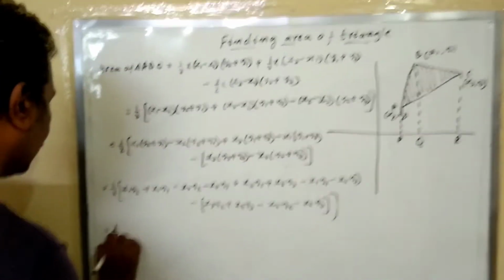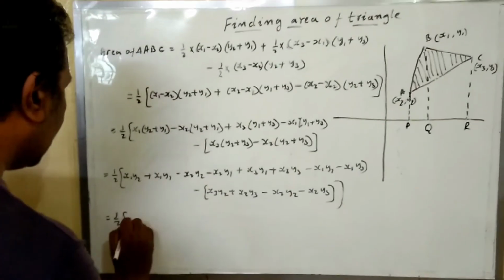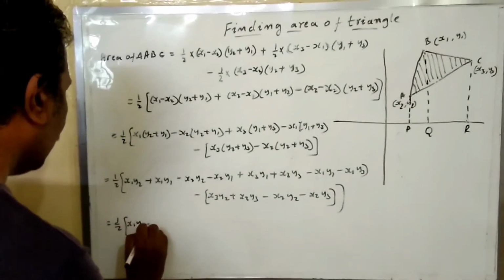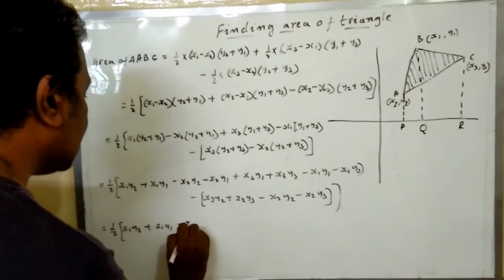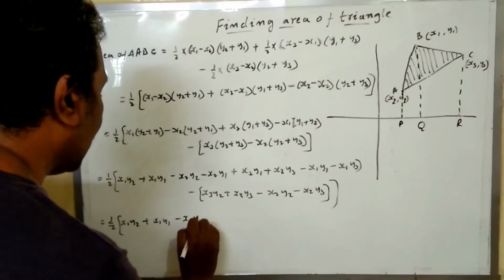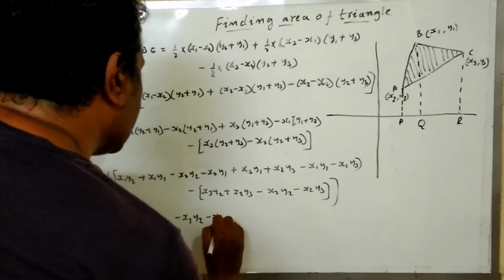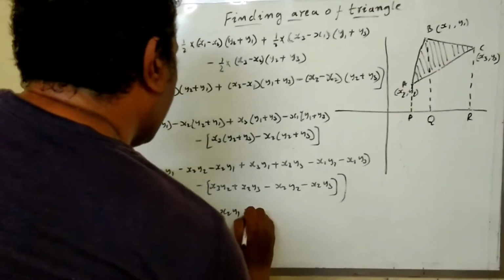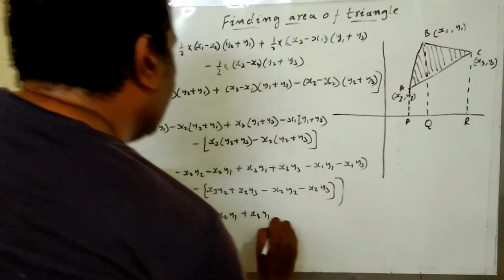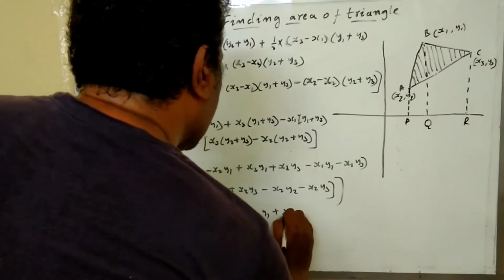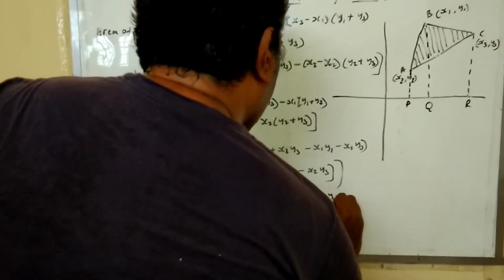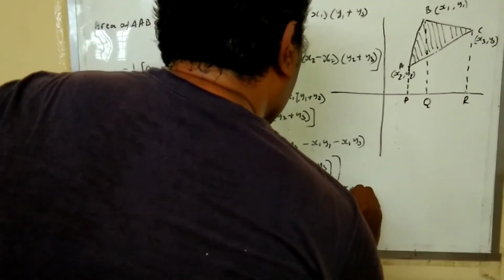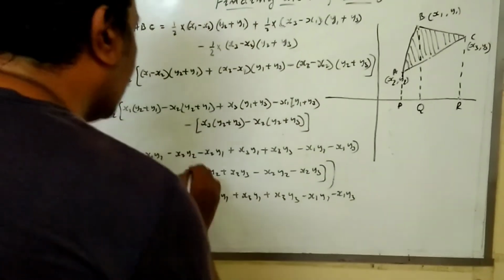Now half into x1y2 plus x1y1 minus x2y2 minus x2y1 plus x3y1 plus x3y3 minus x1y1 minus x1y3. Now remove the bracket.